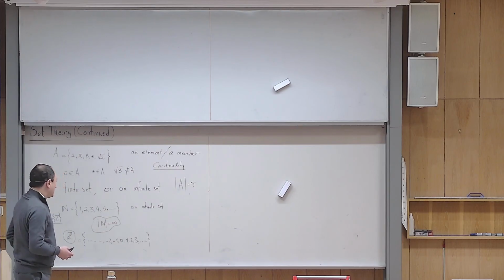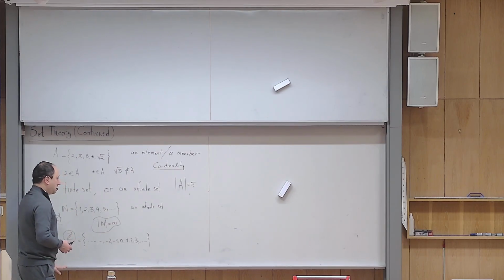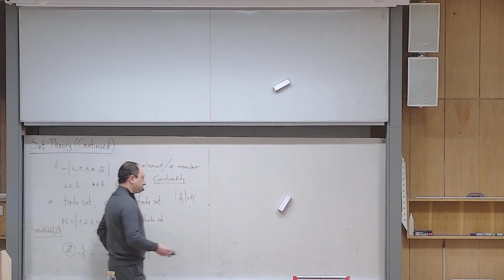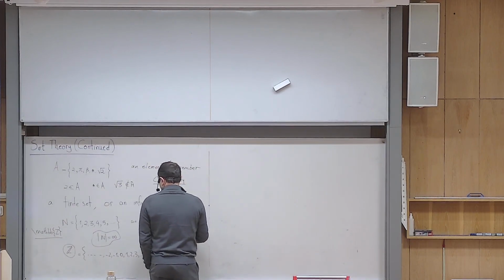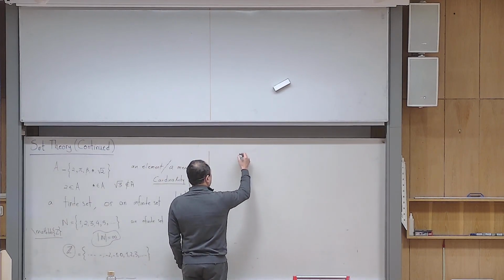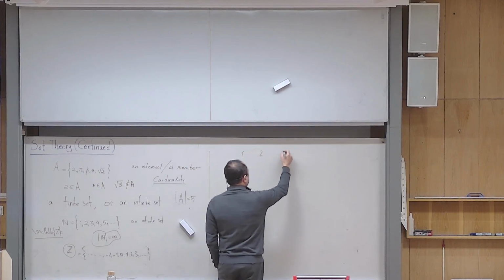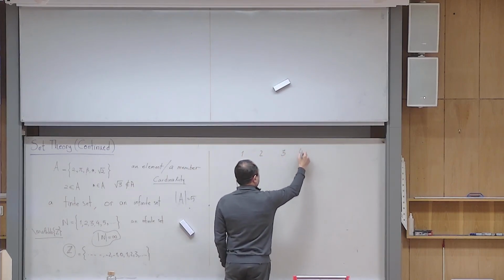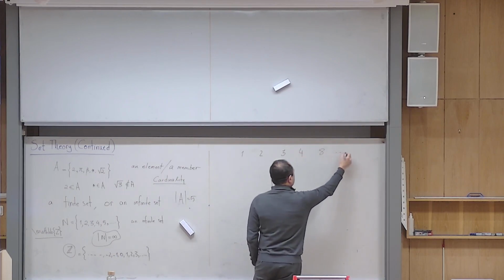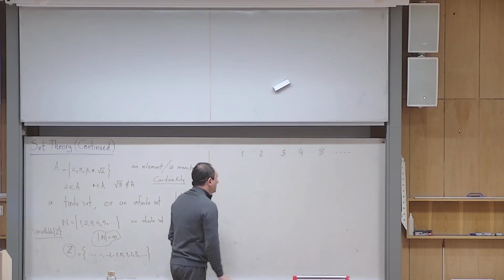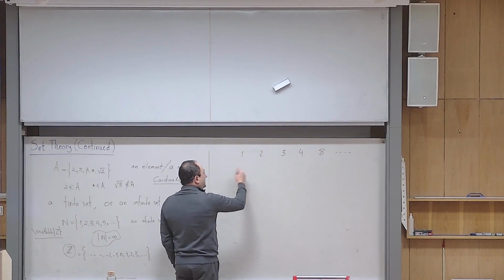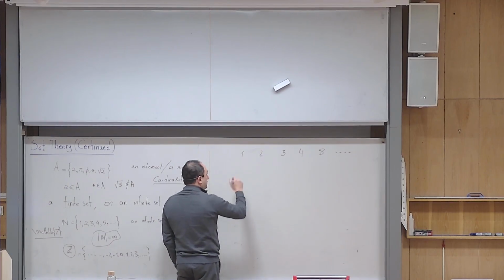How we can see that? This is a little bit subtle to understand, but we can understand this one. For example, let me write the set of natural numbers. And this list continues. And then I would write the set of even natural numbers.